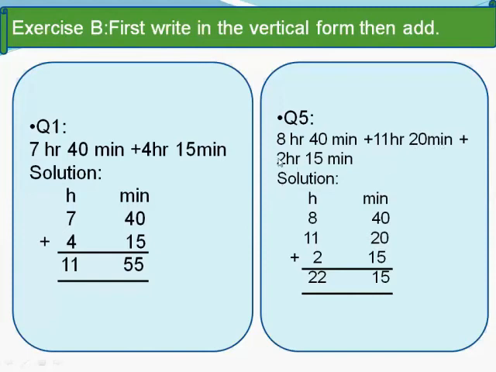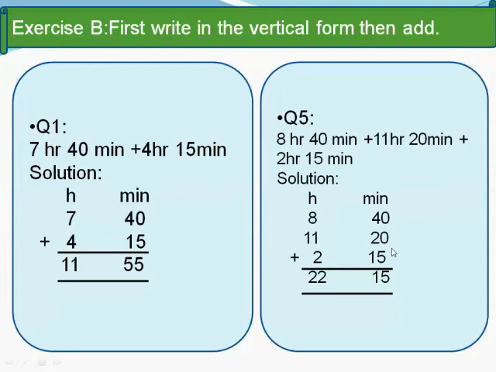It means in the solution, whenever we develop the sum in the vertical form, we write here the short form of the hour is H and short form of the minute is MIN. Under these units we put our values. From the value number 1, 8 hour 40 minutes. Second one, 11 hour 20 minutes. Third one, 2 hour 15 minutes.